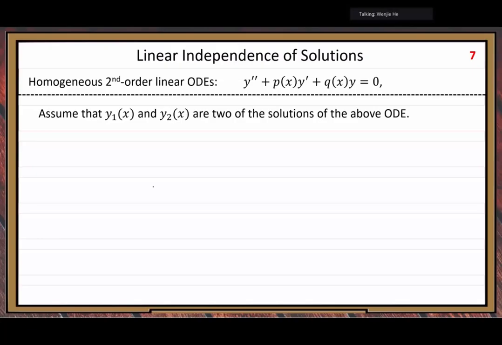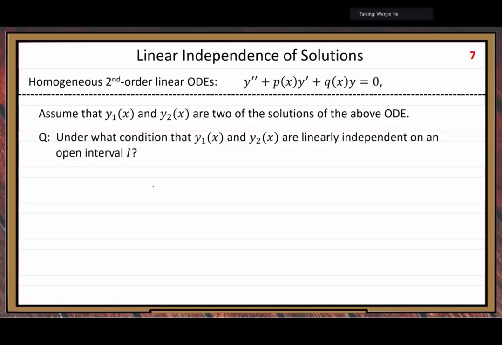We want to find under what condition they are linearly independent, and under what condition they are linearly dependent. Here we need to answer that question. So here we consider some open interval I. We don't need to specify which open interval I, it's not important, just a certain interval I is good enough.